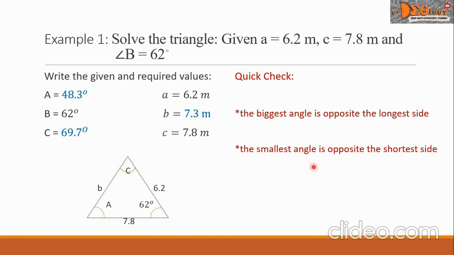Also, the smallest angle is opposite the shortest side. The smallest angle is angle A, which is 48.3 degrees, and the shortest side is side A, which is 6.2 meters.